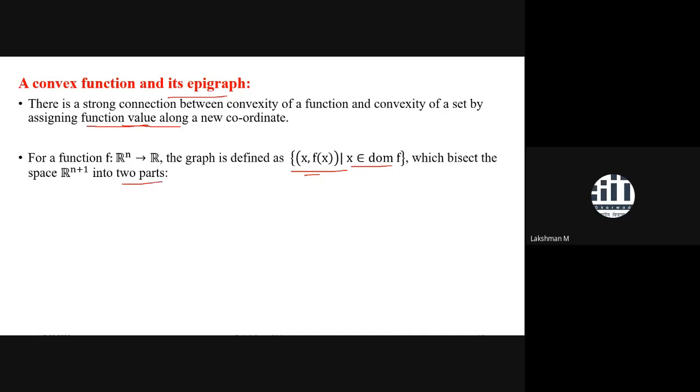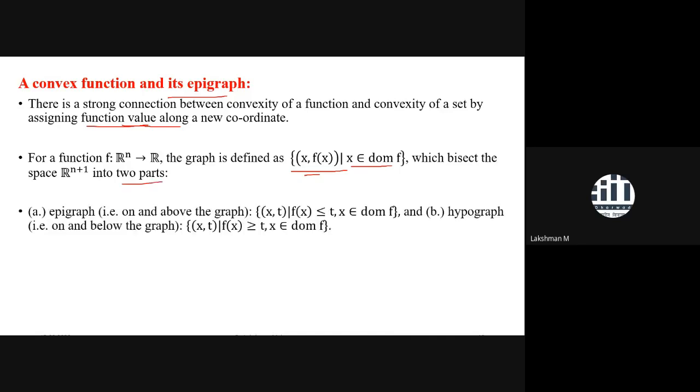One part we call the epigraph, that means the portion above the graph: x comma t such that f of x is less than or equal to t. Another section is the hypograph, that means the portion on and below the graph.